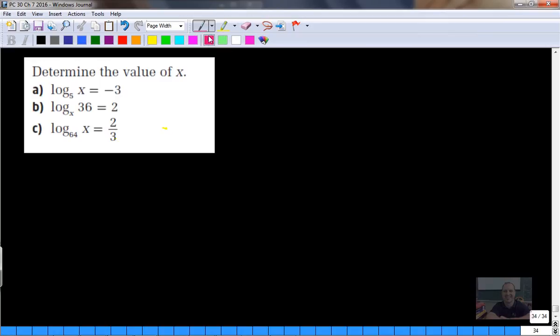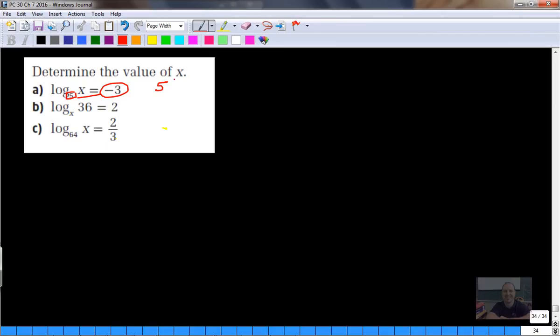Okay, so if we look at a couple examples here, this will help us understand what we're doing. If we look at A, we're trying to find the value of x. Just remember, again, super important, the base is the base in an exponential equation. This over here is the exponent, because remember the logarithm is an exponent.